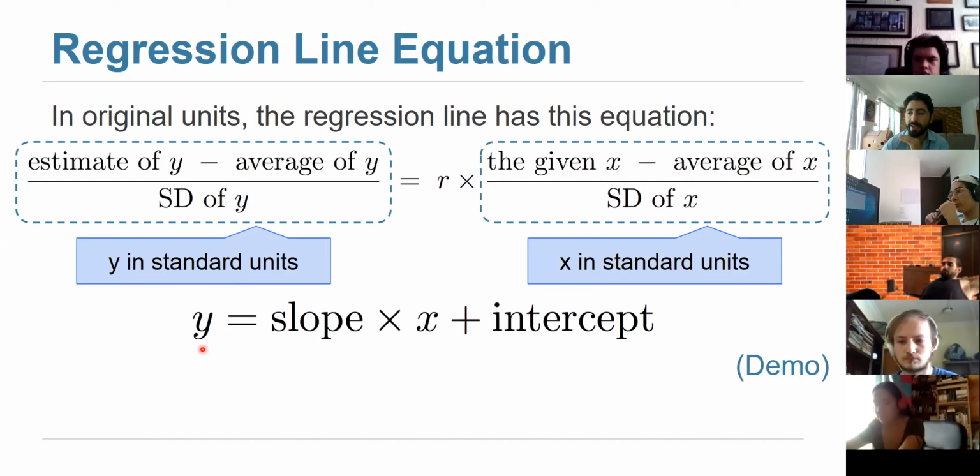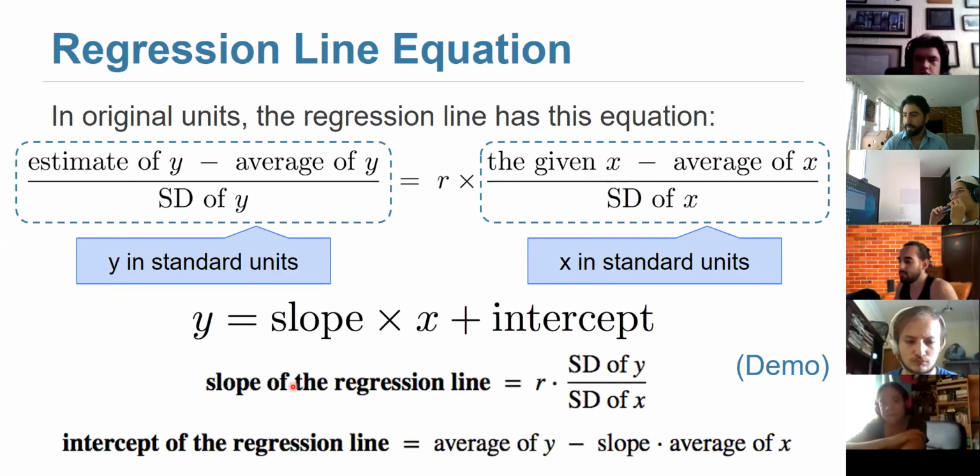You can do it this way too: Y in normal unit equals a slope multiplied by X plus intercept. So the slope of the regression is R times the standard deviation of Y over the standard deviation of X. And your intercept would be the average of Y minus the slope times the average of X. This is your intercept.